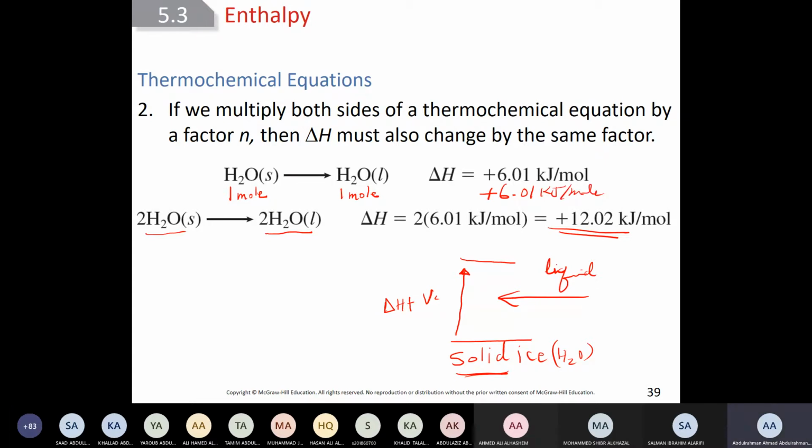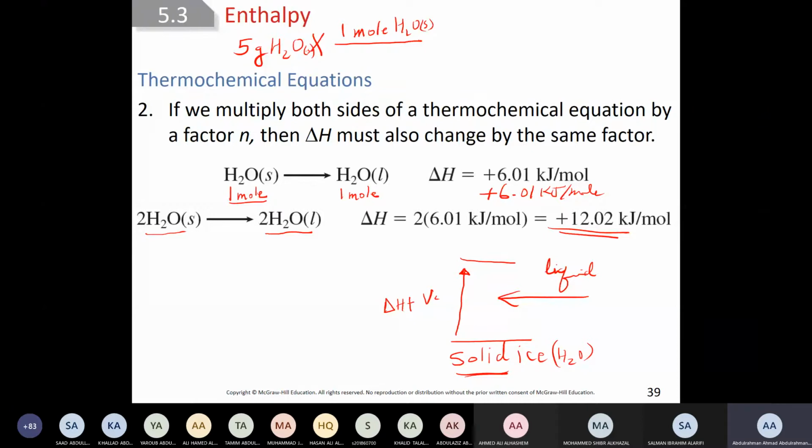Good. Now, if I have only 5 grams of H2O ice, for example, how much heat do I need to melt it? Multiply it with 6 kilojoule per mole? No, first you change the grams to moles of H2O solid.